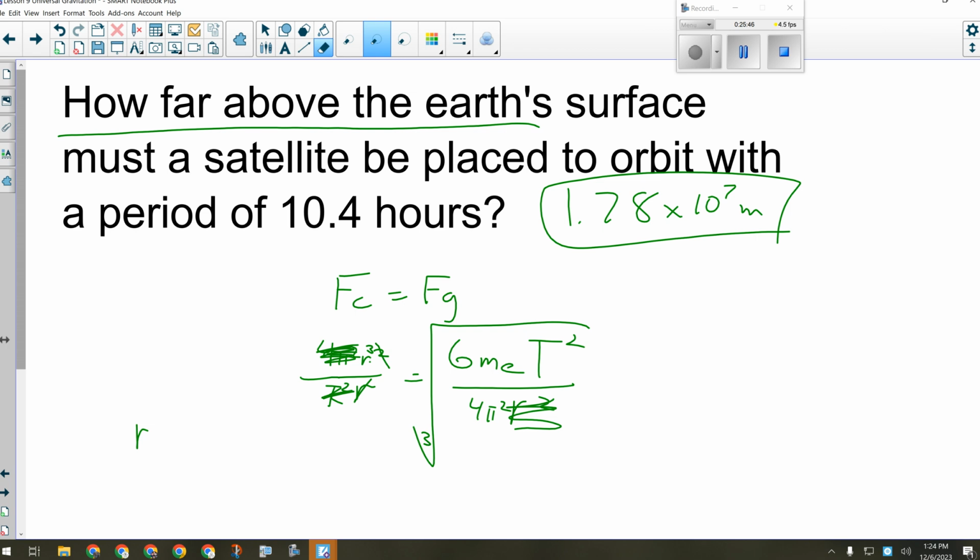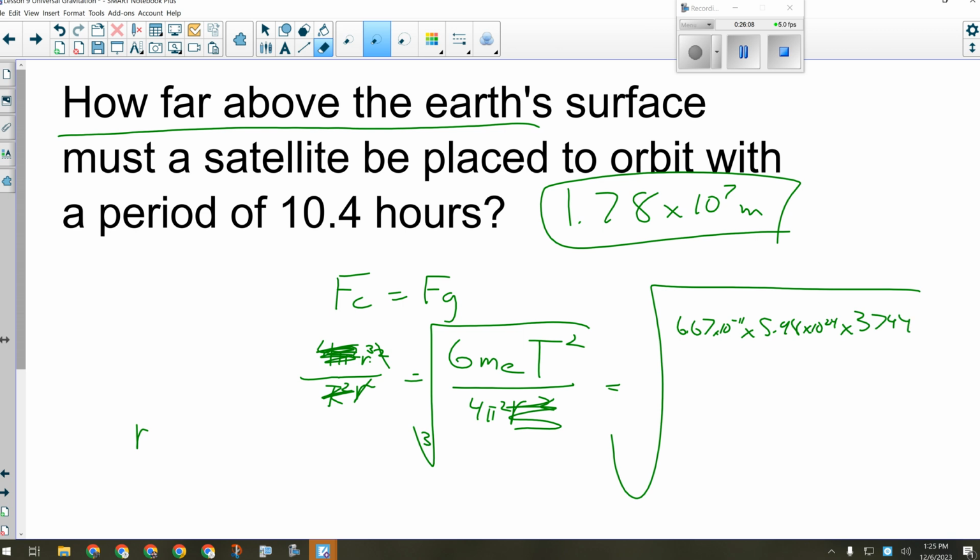All right, so that's going to be the cube root of 6.67 times 10 to the minus 11 times 5.98 times 10 to the 24 times 10.4 hours in seconds, which is 37,440. That's not cheap. That's pay attention to details. I would do that on a test in a heartbeat.